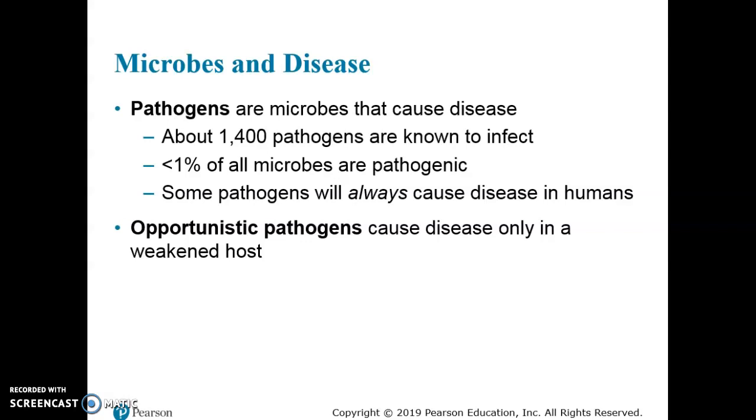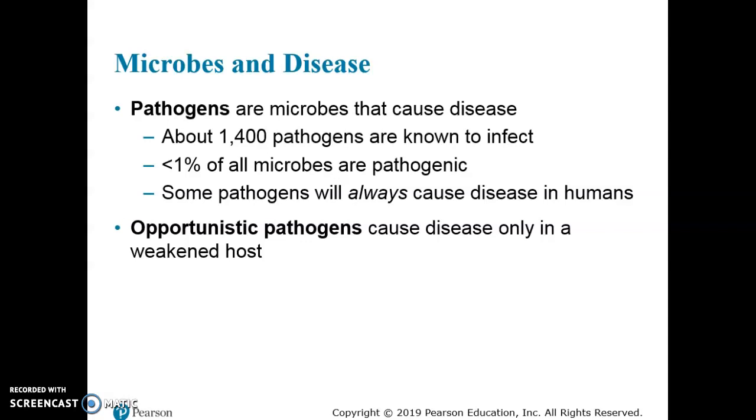And that's probably a very small number because there are thousands, if not millions, of different microbes out there. It's estimated that we are only aware of about 1% of the microbes out there. Why? Because they don't do anything, or they don't do anything that we pay attention to.